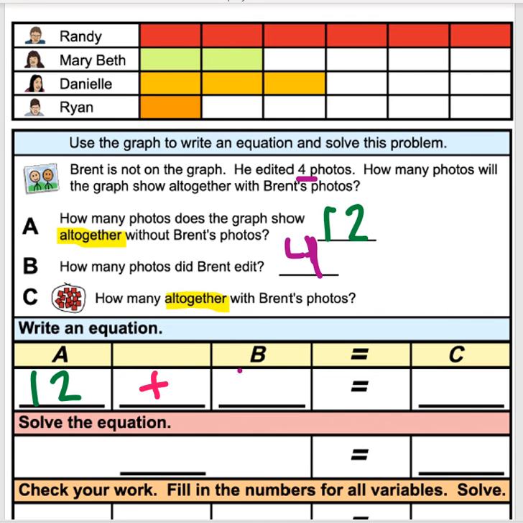So we're going to put a 4 in the B spot. And this added together is going to equal C, which was how many photos altogether, including Brent's. So now we're going to go ahead and solve our equation. So we have 12 plus 4 equals C.